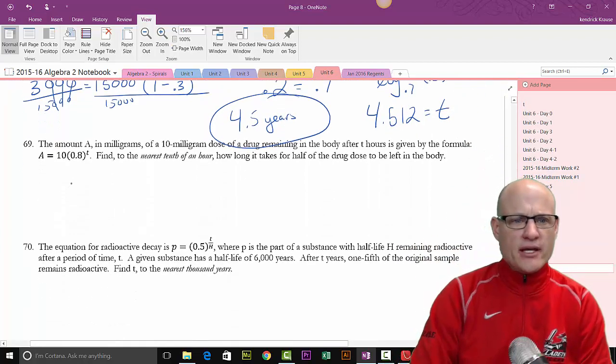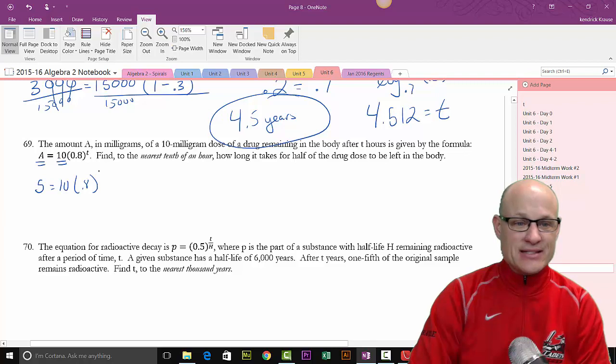The amount A in milligrams, 10 milligrams of dose, is given by the formula. Find the nearest tenth of an hour. How long will it take for half of the dose to be in the body? So half. If we started out with 10, I want to know what half is. That's 5. So 5 is equal to 10 times 0.8 to the t, or 0.5 is equal to 0.8 to the t.